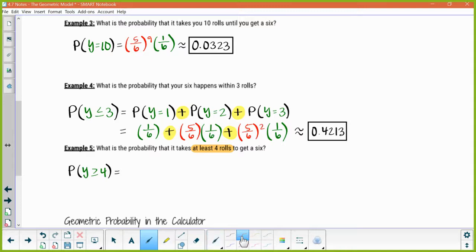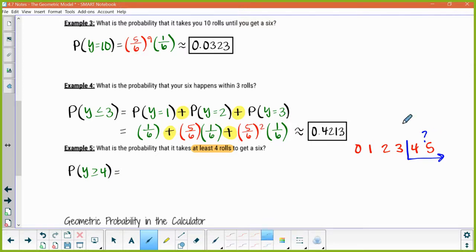So I always kind of try to write a number line just so I can figure out where my cutoff values are. It's usually not a big one. It's just one where I can see, what am I including, what am I not. So I want at least 4 rolls. So this would be my cutoff. What's this probability? That's what I'm interested in. So I know that in total, all of these things have to add up to 100% or 1.